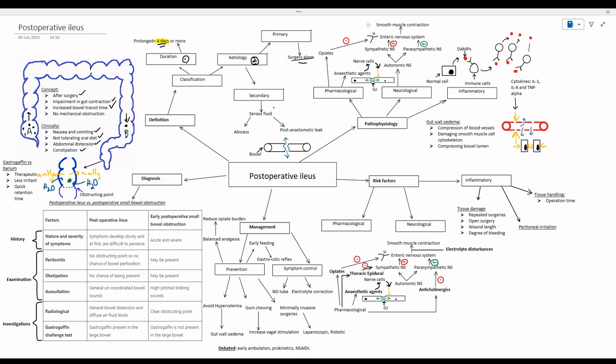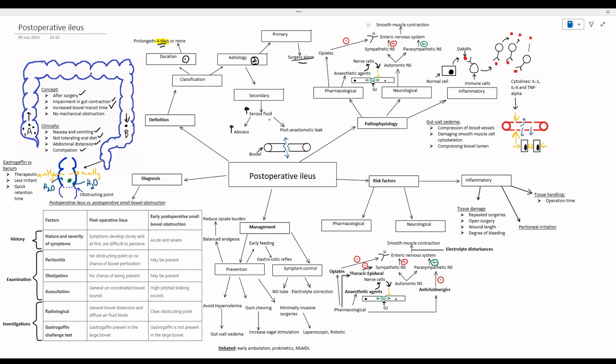And the best way to understand the different secondary cause of postoperative ileus is to first consider fluid. So we know that having large amounts of serous fluid is one of the underlying causes of postoperative ileus. Now, if that fluid accumulates, it can become infective and therefore become an abscess. So that's the second of the underlying causes of postoperative ileus.